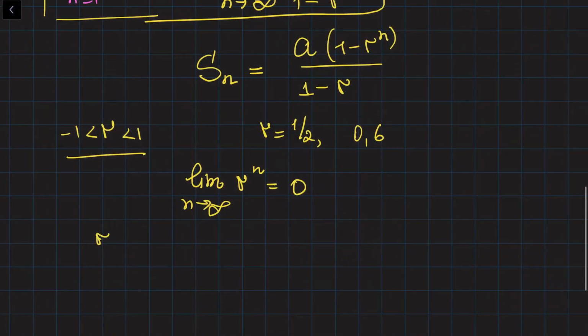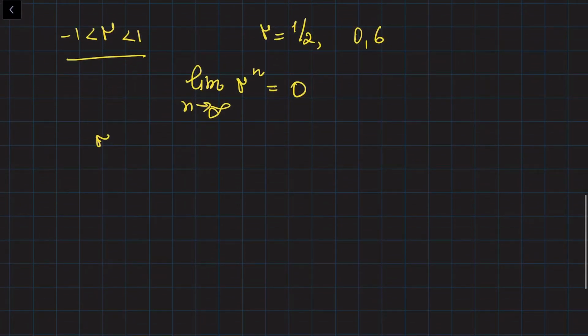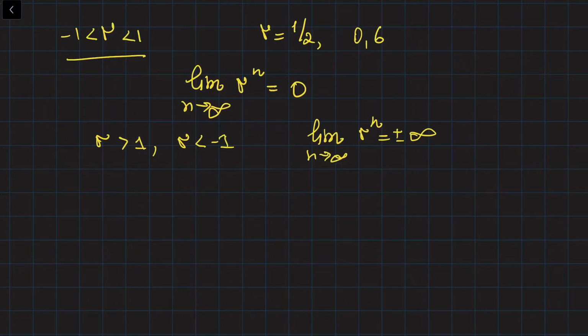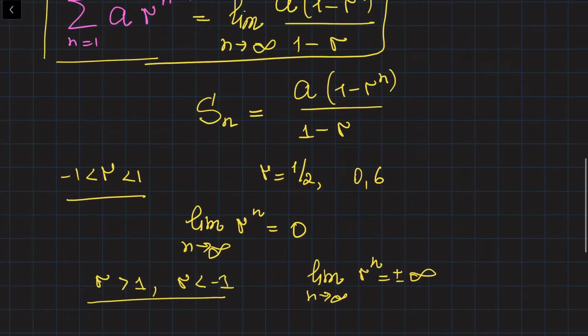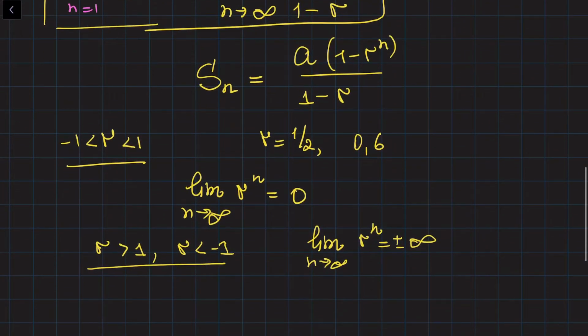So if r is out of this region, basically r is bigger than 1, or r is smaller than minus 1, then the limit of r to the power of n when n goes to infinity goes either to plus infinity or to minus infinity. So we've got the condition that the geometric series is going to converge to some number if r, the common ratio, is between minus 1 and 1.